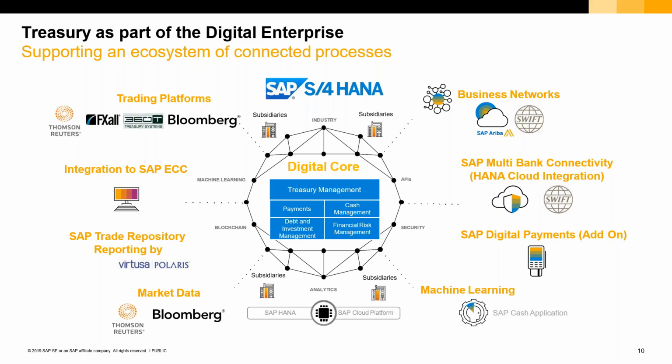Obviously, market data is needed for valuation or risk management. Again, that is Bloomberg and Thomson Reuters. But there's also integration that is needed with the banks and other business networks. And so SAP's multi-bank connectivity provides a seamless way to connect to these banks and bring it into the digital core and help you manage your overall treasury functionality.